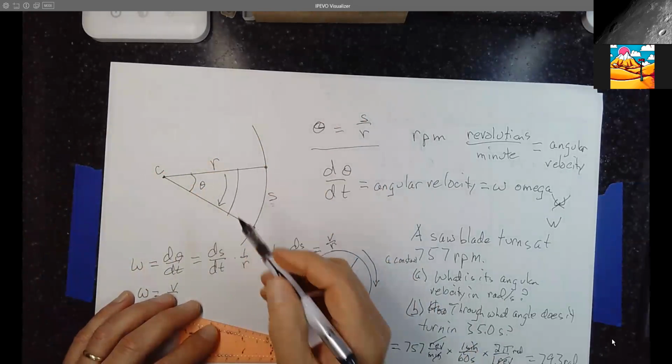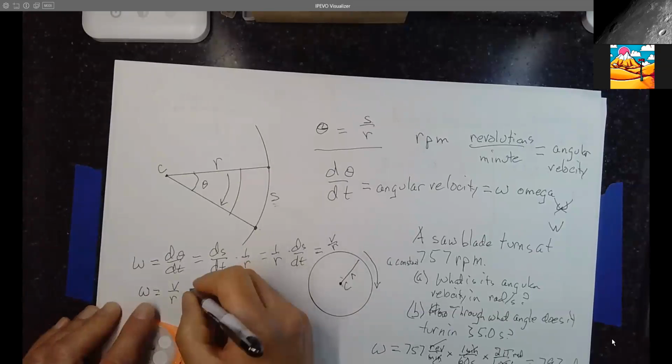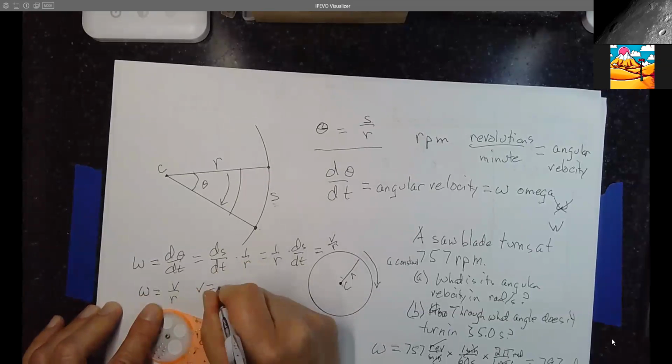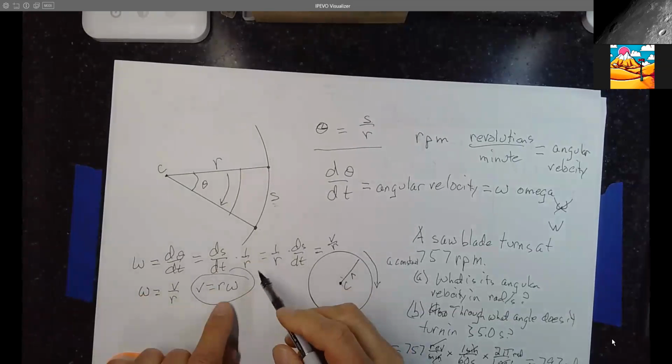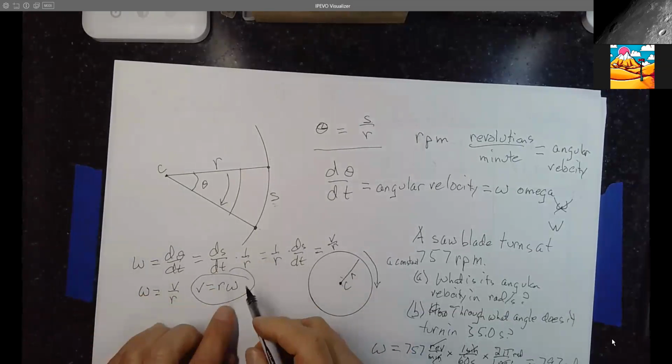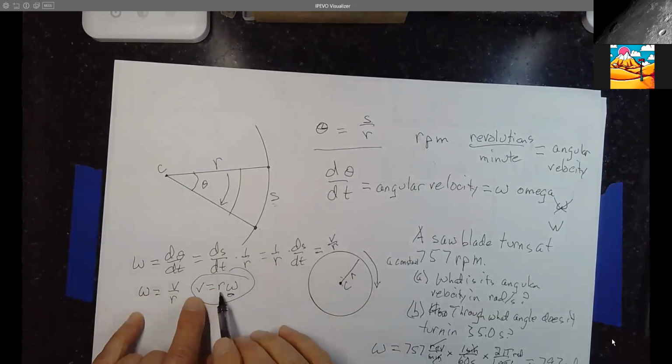And if you solve for v equals r omega, you can see this better. Everything on a turning solid object is going to have the same value for the angular velocity, but its linear speed is proportional to the radius.